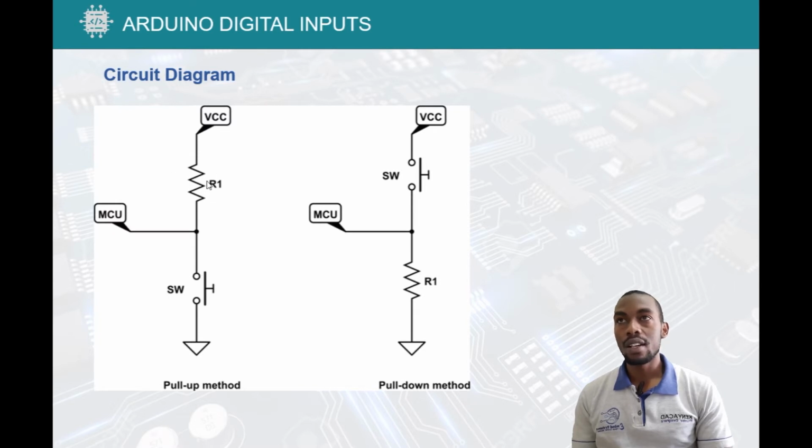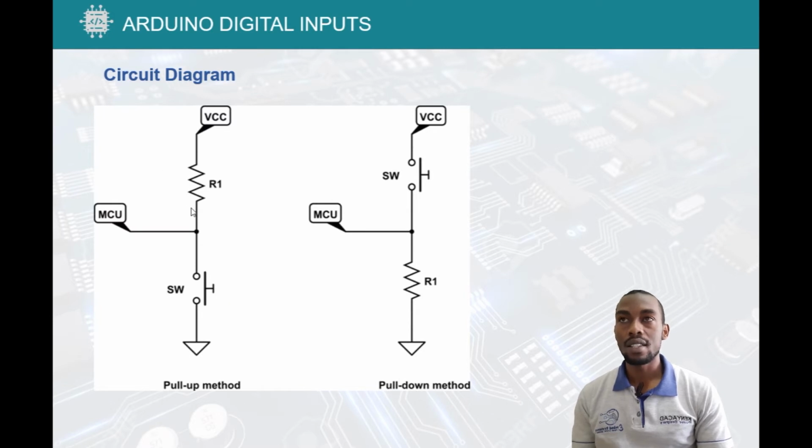So this resistor is pulling the state of the pin to high, so at this time the microcontroller is reading that it's high or on. When you close the switch or press the button, it will read low. Okay, so this is a pull-up method.